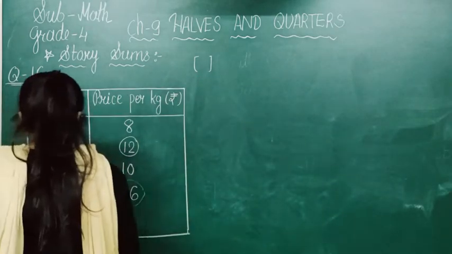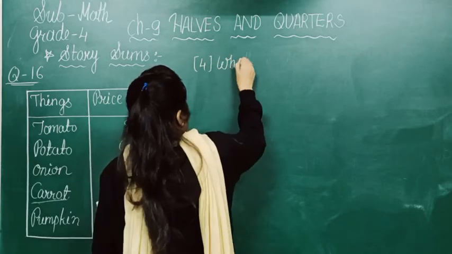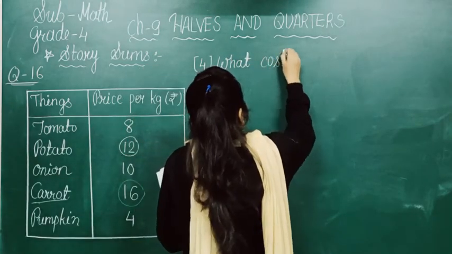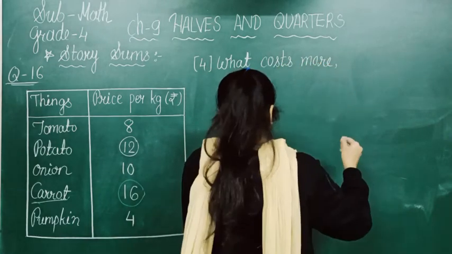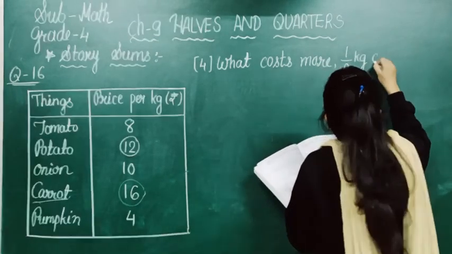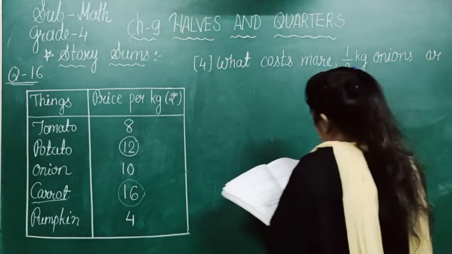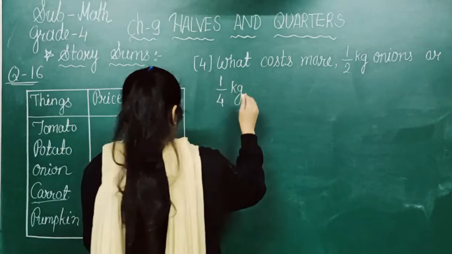Now question number 4. What costs more, 1/2 kg onions or 1/4 kg carrots?